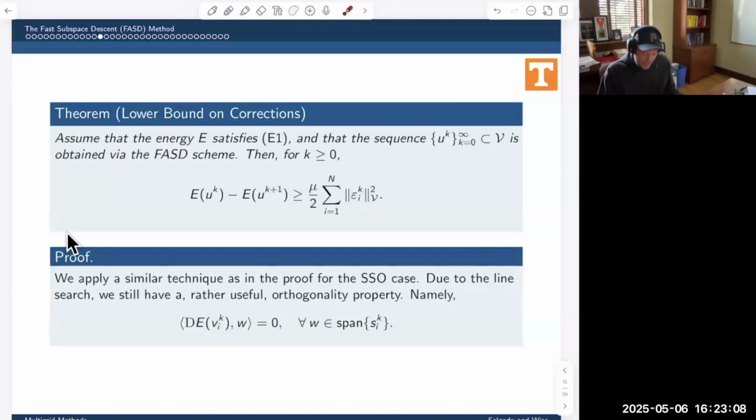Now, since we do that line search at the very end, we have this equality. This is what's called the fundamental or Galerkin orthogonality, or the fundamental orthogonality property. This W comes from this space, the span of SIK. Now, this is not VI. This is not the same as VI. VI is bigger than this.